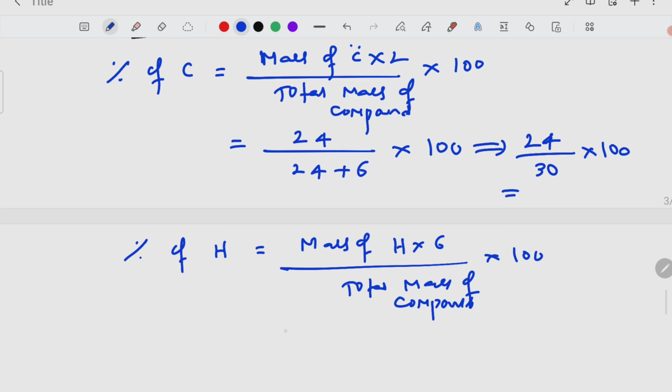If you substitute, the mass of hydrogen is 1. So overall 6 by 30 into 100. If you do the calculation, you get the percentages. Here you will get 20%. If it is 20%, automatically the other is 80%.